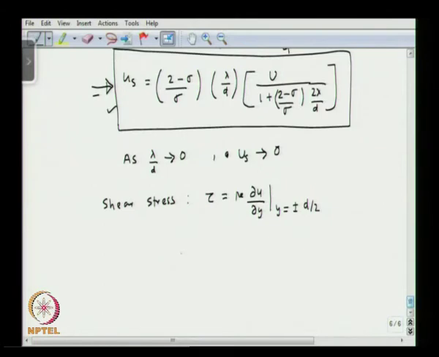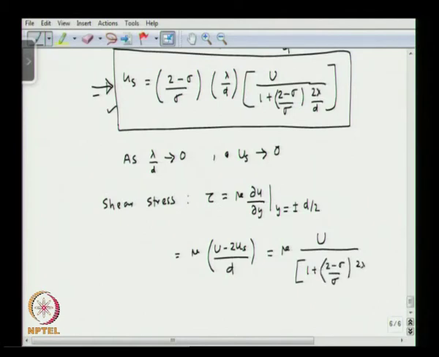So, you can write this as mu into (u minus 2 u_s) divided by d, which is the velocity gradient, and so that can be written as mu into u divided by 1 plus (2 minus sigma) over sigma into 2 lambda over d. Now, knowing the shear stress, we can calculate the skin friction coefficient.